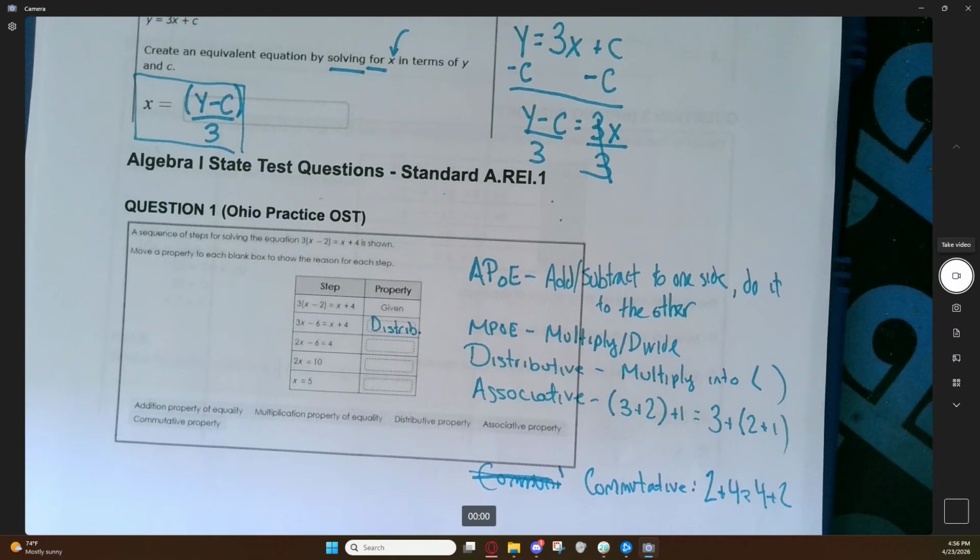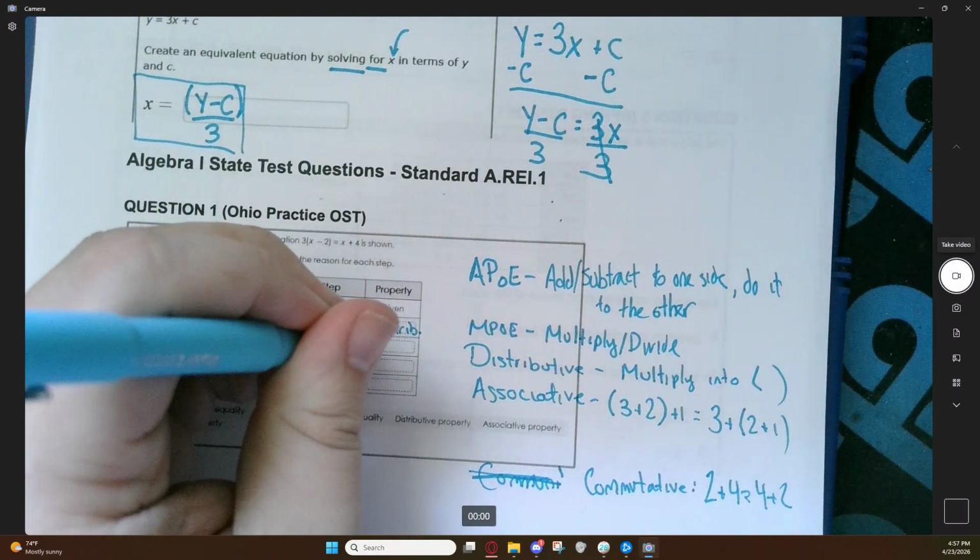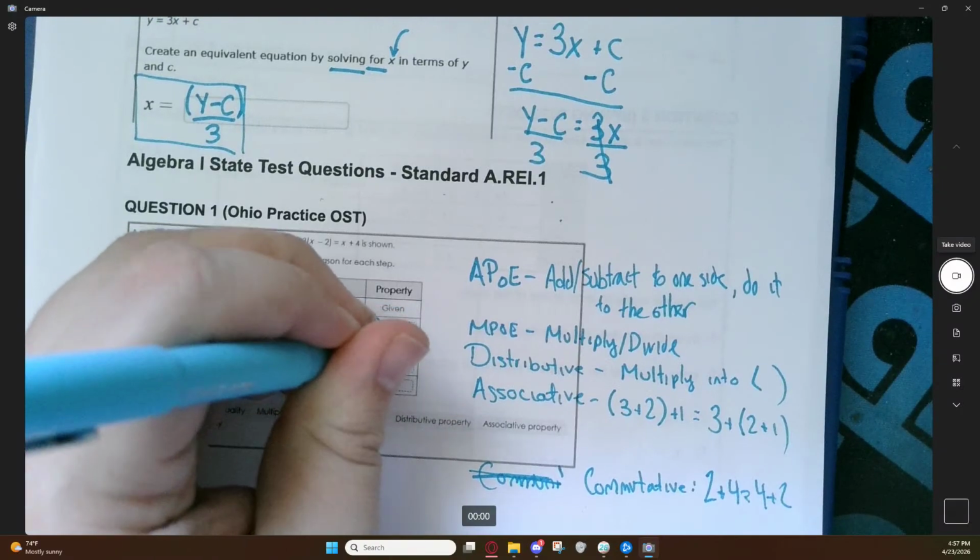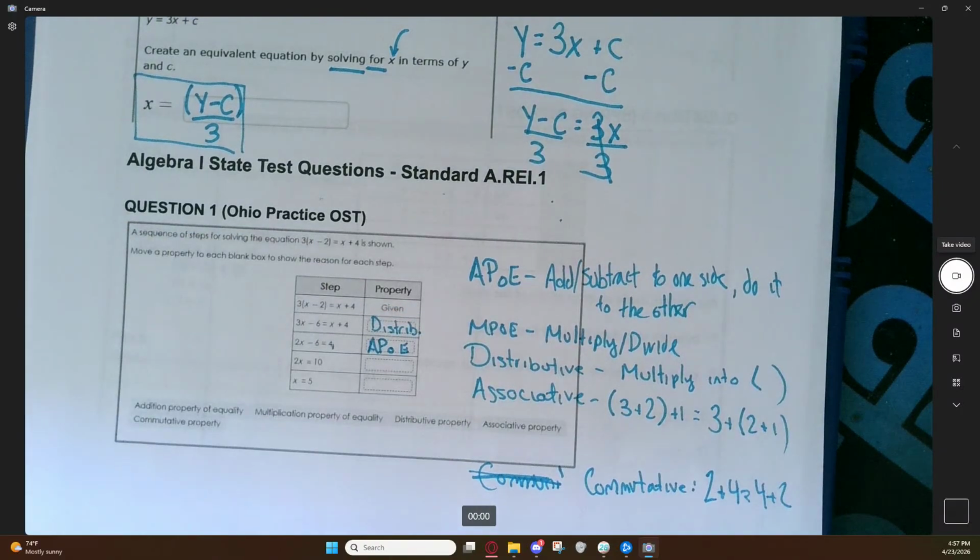We went from 3x minus 6 equals x plus 4 to 2x minus 6 equals 4. What happened here? Well, we appear from the left side to have subtracted 1x, and from the right side, we appear to have also subtracted 1x. So because we got rid of the same thing from both sides, this would be the addition property of equality.